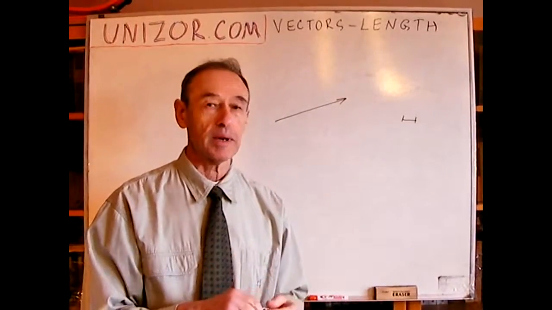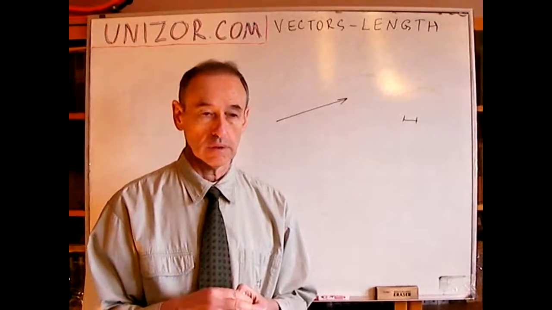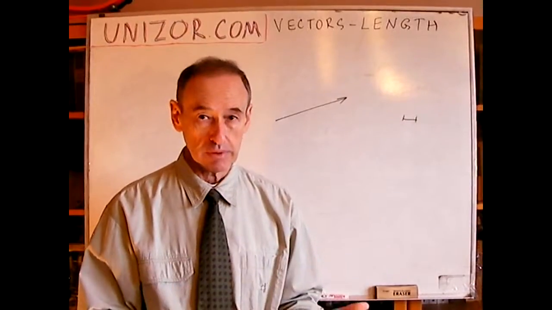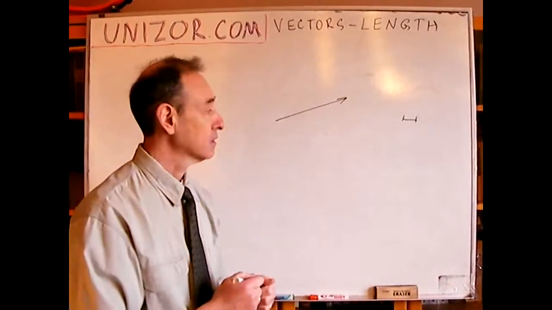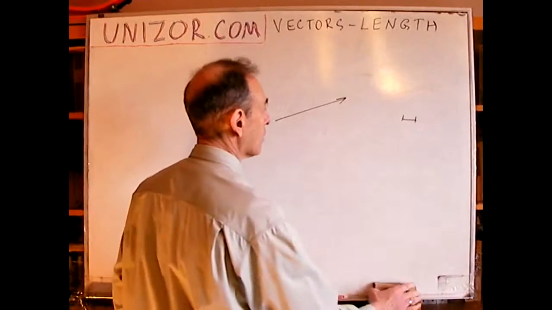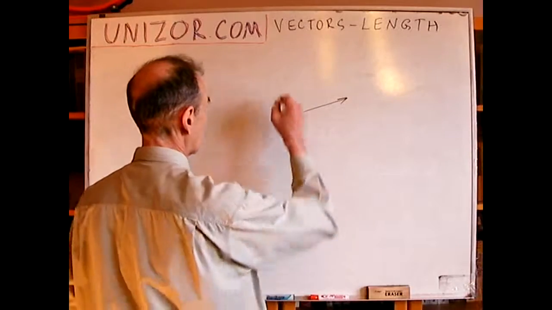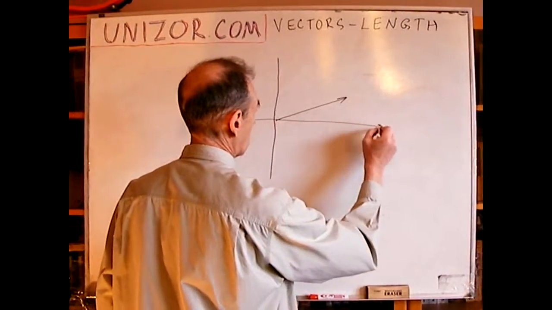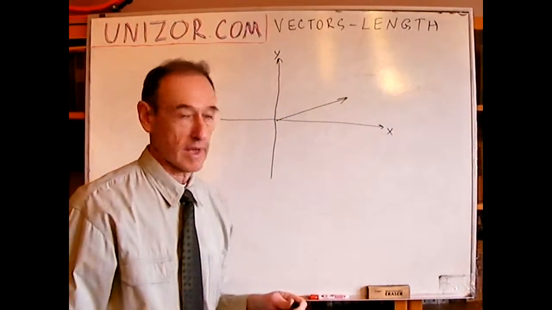Now let's talk about the analytical representation of vectors as tuples, as ordered sets of numbers which are related to a coordinate system. Let's say we are talking about two-dimensional vectors.